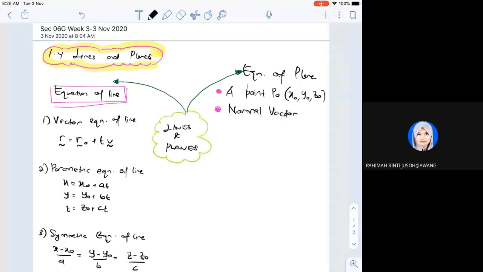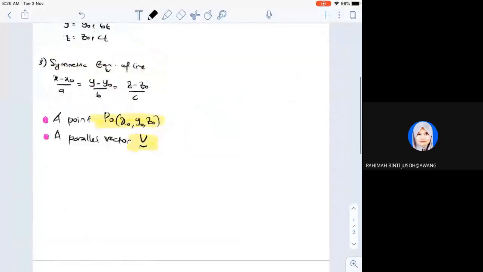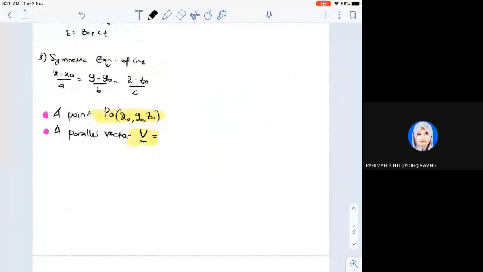Okay, guys, n is the normal vector, so we will have a sharp bracket. Okay, this is sharp bracket. All right, v also we have sharp bracket like this. This is for the vector. Before I forgot to mention about this, this bracket is supposed to be used to write the vector.